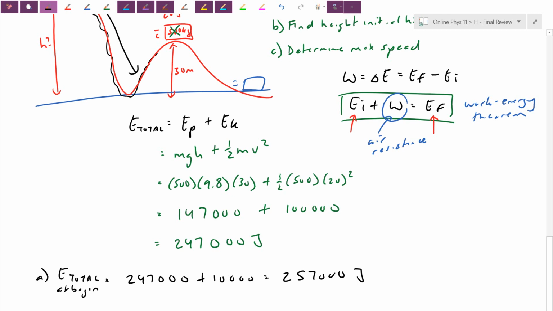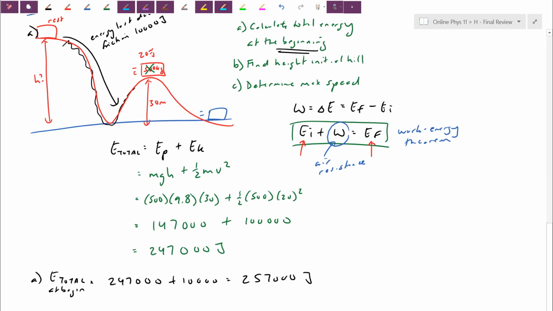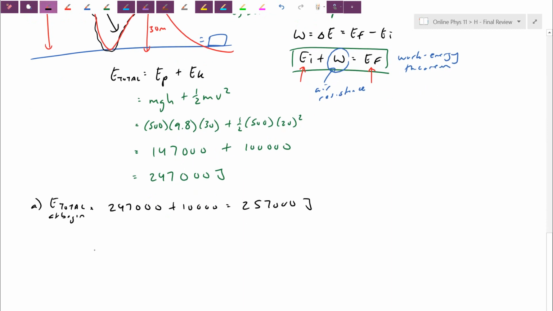Right? So that's how you deal with a non-conservative work like air resistance. So at the beginning, before I lost energy, I had 257,000. Because at the beginning I'm also at rest, I've transferred all the money in my kinetic account all to potential. So at the top of the hill, we have the entire energy amount actually as mgh like that.